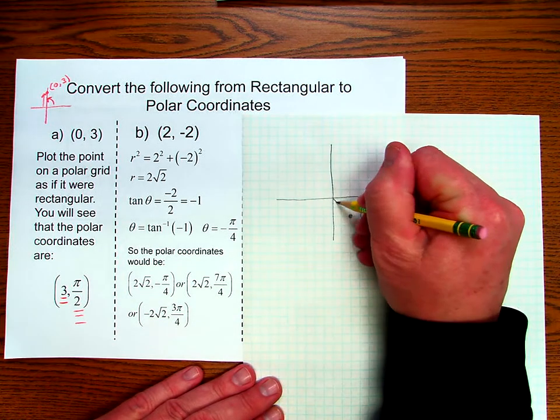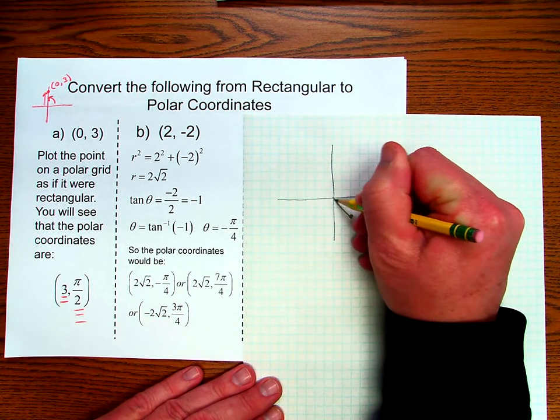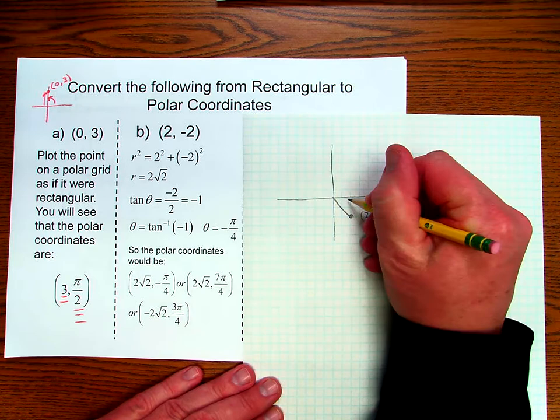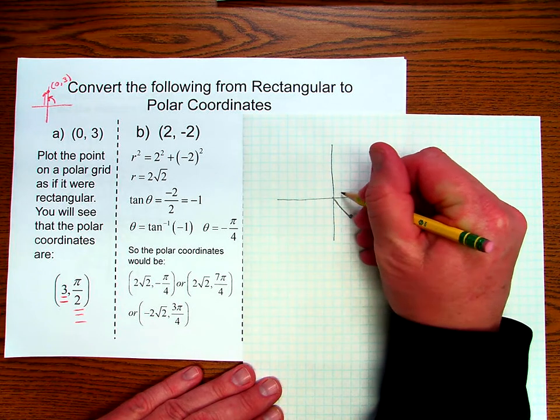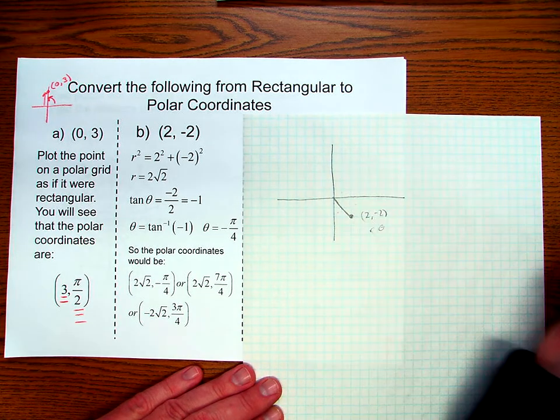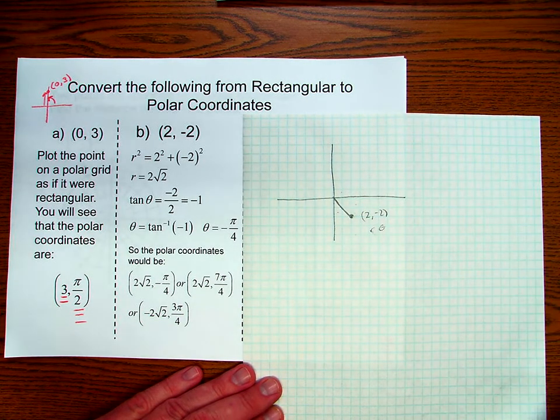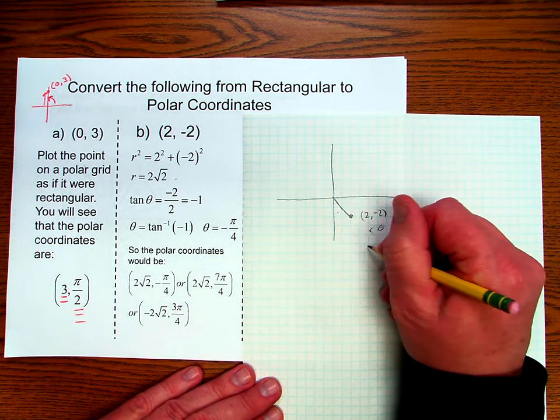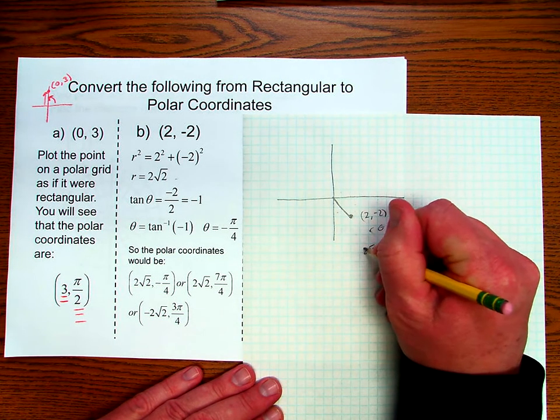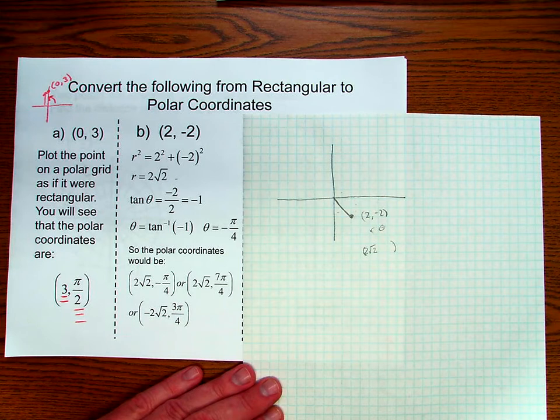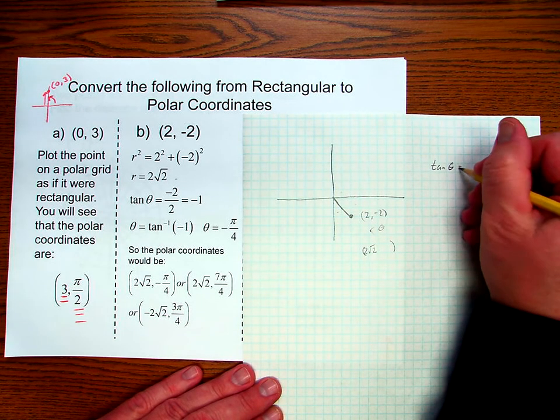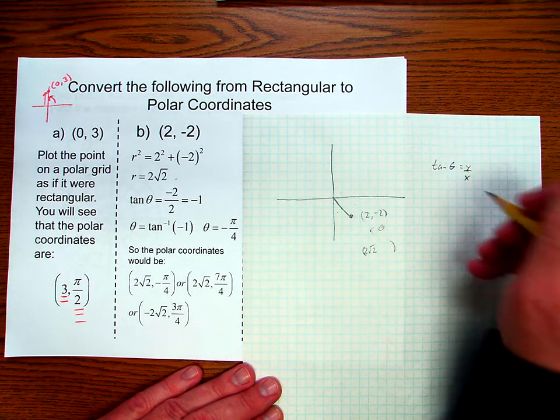So we need an r value. So we got 2 squared plus 2 squared equals what squared? And you can include or exclude the sign, it really doesn't matter. That gives us 2 root 2 for an r value. And then we have the tangent of theta is equal to y over x.